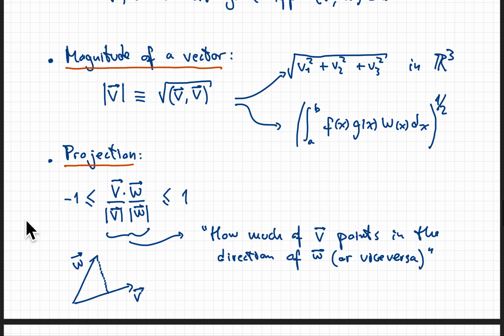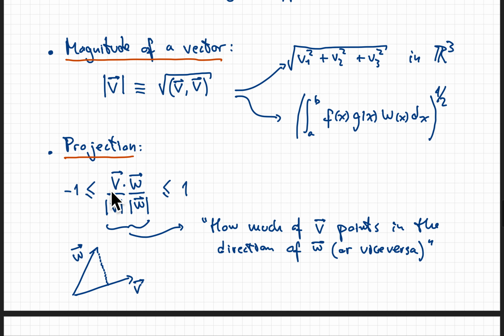So we can talk also about projection. It makes sense to talk about the projection, how much of one vector points in the direction of the other one. So you see this geometric interpretation of how much of w points in the direction of v makes sense, and it's characterized by this v dotted with w divided by the magnitudes. Now, I haven't proven that this is between -1 and 1 in magnitude.